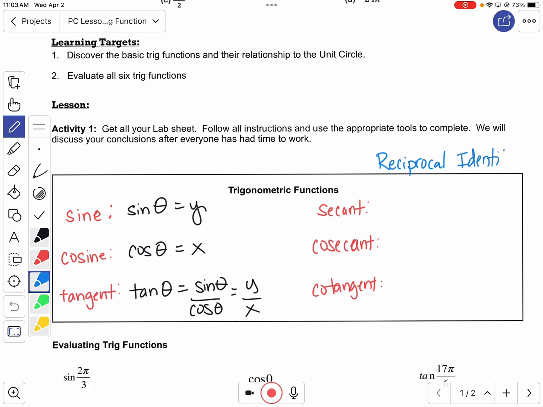And reciprocals just mean that they flip something else. They are the reciprocal of something else, okay? Secant, we will abbreviate as SEC, best conference, right? Cosecant, we will abbreviate as CSC, and cotangent, COT.